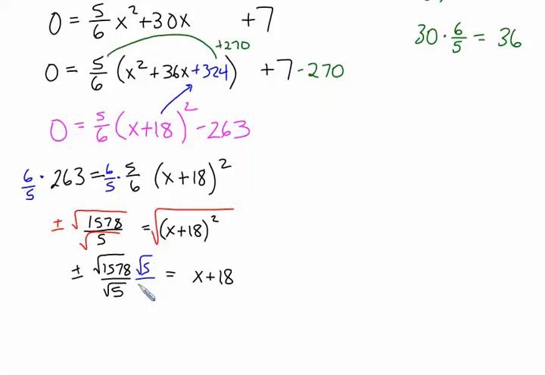So we're going to multiply by radical 5 over radical 5. In the denominator, we get 5. In the numerator, it's still not going to be a radical that can simplify, because 5 does not factor into 1578. So we'll just multiply them together, and we'll get the square root of 7,890.